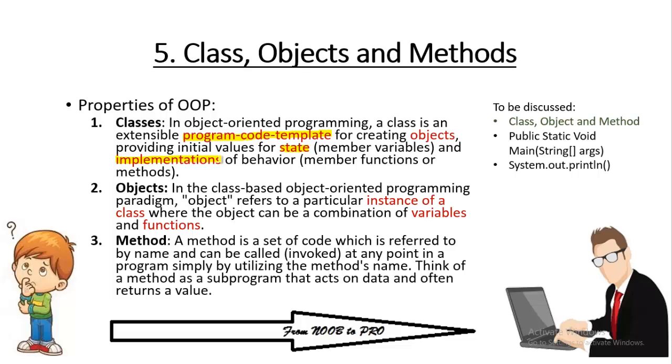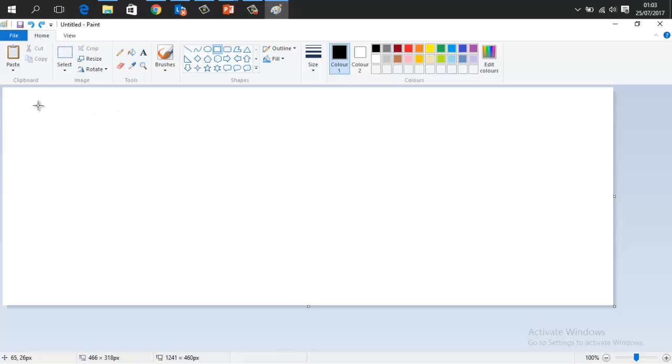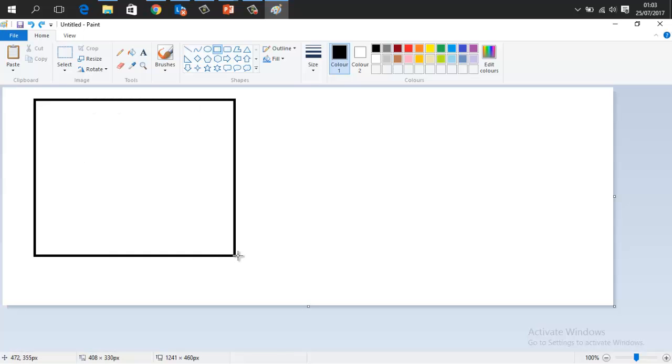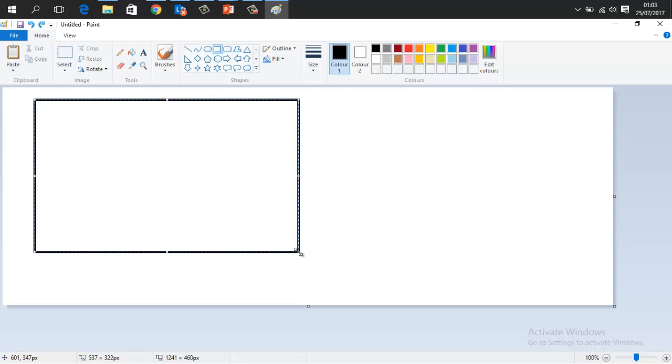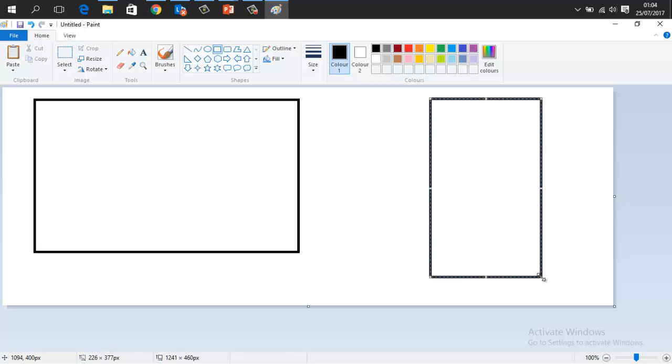Let us consider an actual world scenario. Say in a school we have different classes, right? Classes comprise students. So let us have a class of students in the real world. And let's imagine we have here a class in Java.